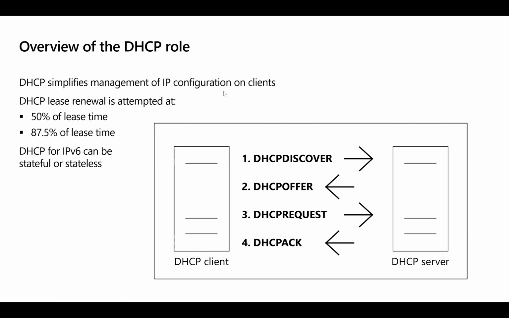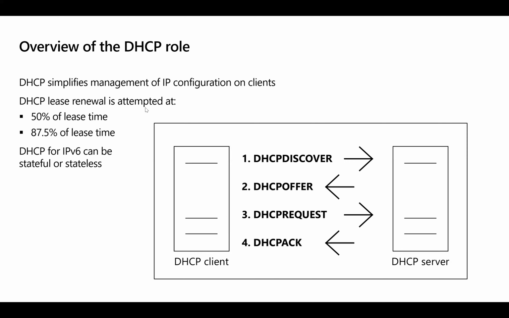The moment you power on your client, let's say this is your laptop, it will send a protocol called DHCP Discover. It broadcasts, looking for an IP. Then the DHCP server sends an offer. The client sees that offer and requests that IP address. If that IP address is available, the server sends an acknowledgment that you can use this IP address.